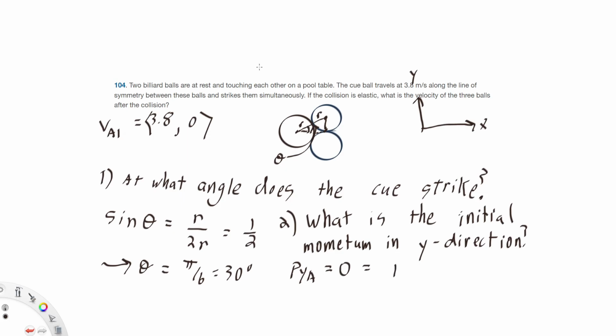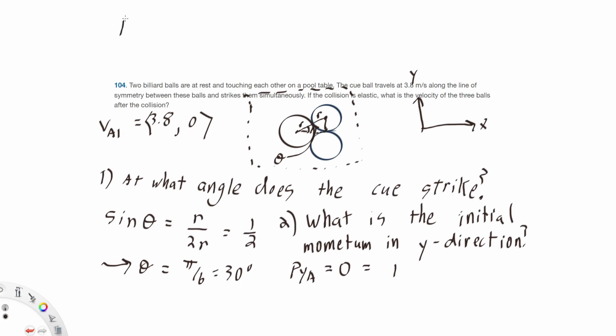So, our system here is all three balls. Are there any external forces on this system? We're not considering any external forces here. We haven't described any.